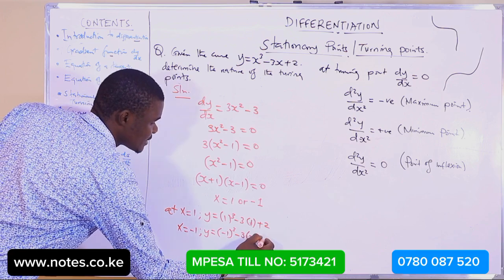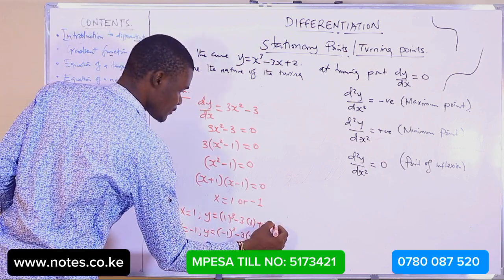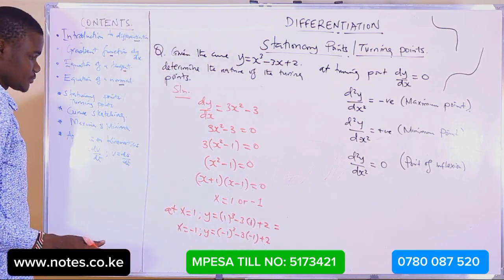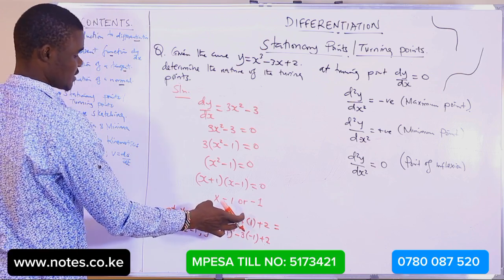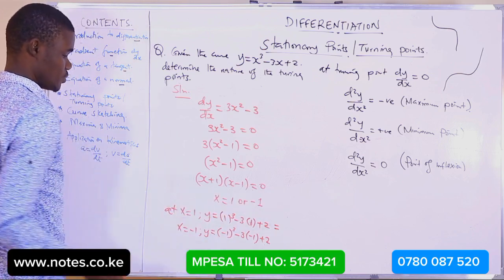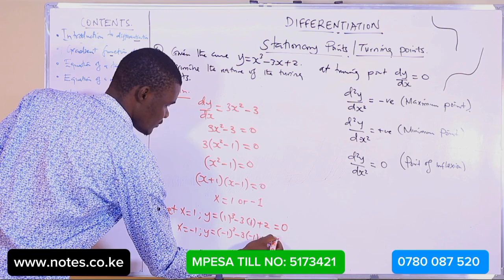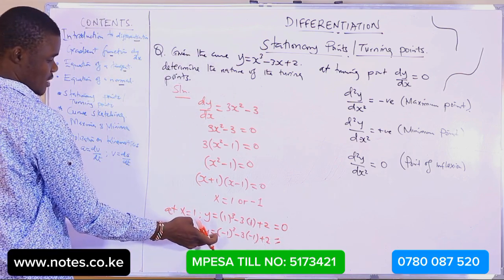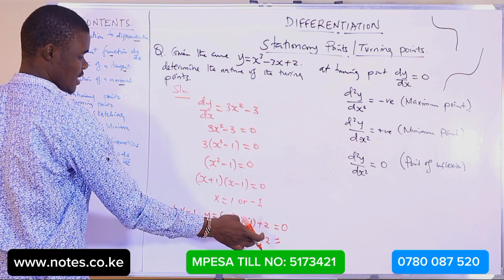Please put the bracket so that we all get the right answer. So what do you have here? 1 cubed minus 3 into 1 plus 2 is 0. Then what do we have here? Y, negative 1 cubed minus 3 into negative 1 plus 2.